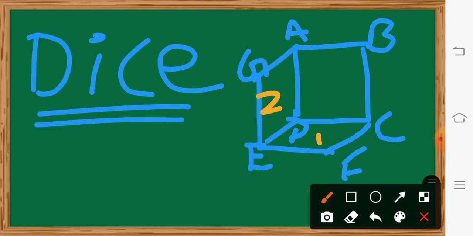First face, second face, third face, fourth face, fifth face, and behind this face we observe one face, 6. A dice is a three-dimensional figure with 6 surfaces.